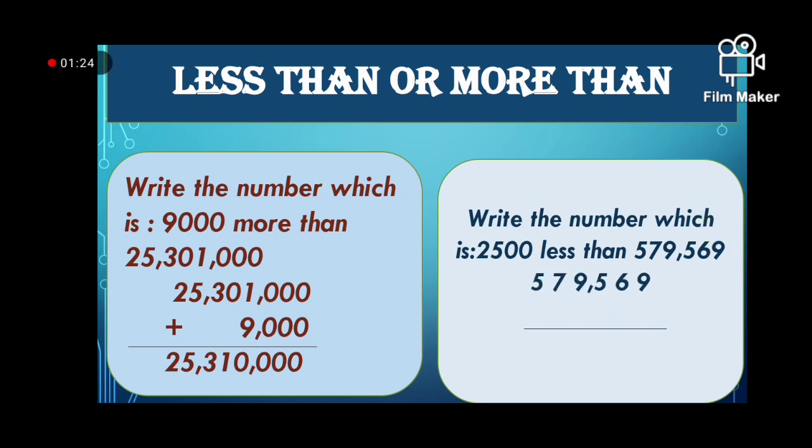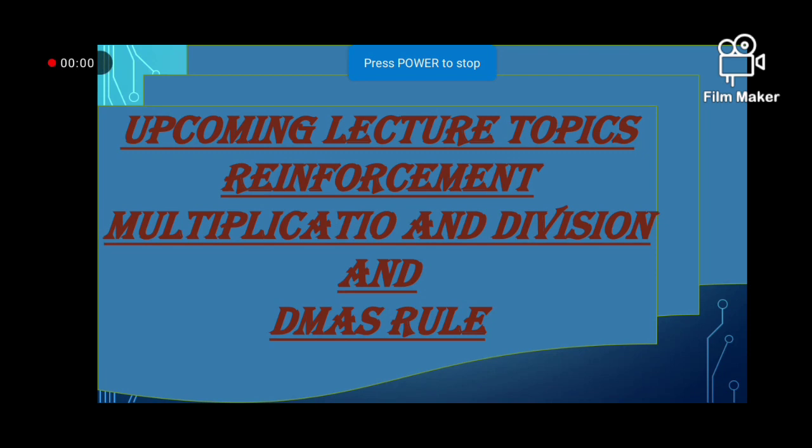First we will write them vertically, then we have to find the less number, then we will subtract. 2,500 subtracted from 579,569, we will get 577,069.